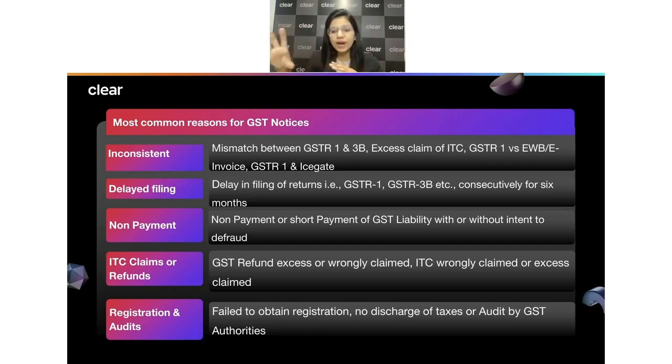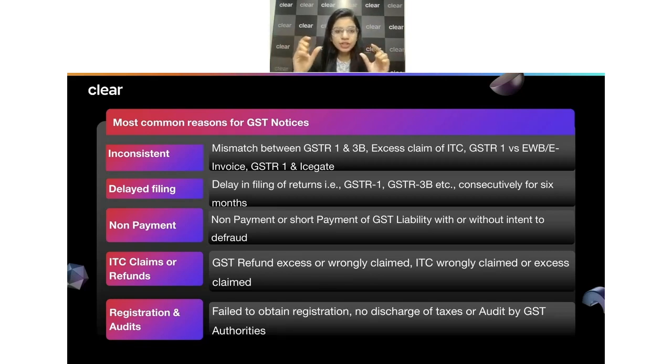But when it comes to filing my GST 3B, I will be showing the taxable value, which will form part of my turnover, but I will not show the tax amount over there. So in such case there will be a discrepancy, but when the department compares this report, they make sure that they don't consider the reverse charge liability while looking into the GSTR 3B.